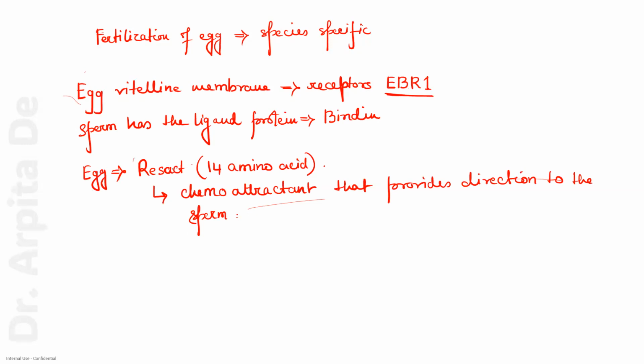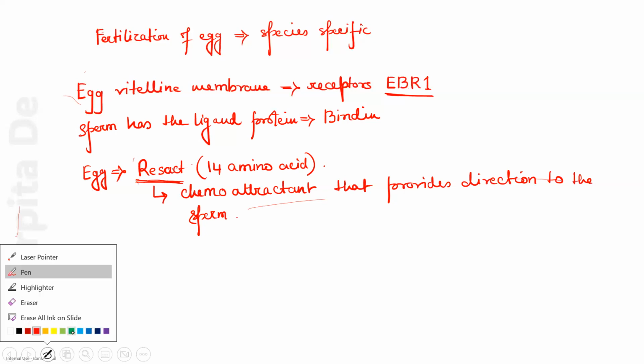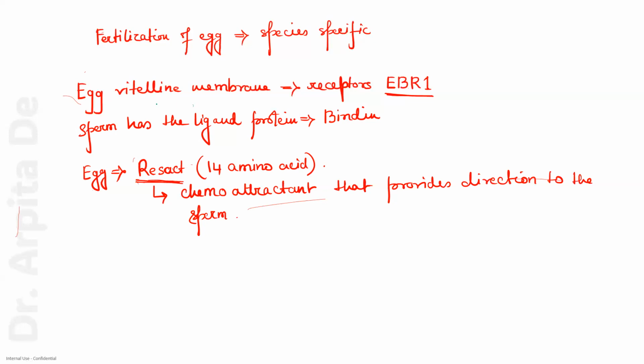Now see, this is a protein. As I said, resact is a protein. This will also have a receptor. Here we had talked about the ligand being present in the sperm and the receptor being present in the egg.